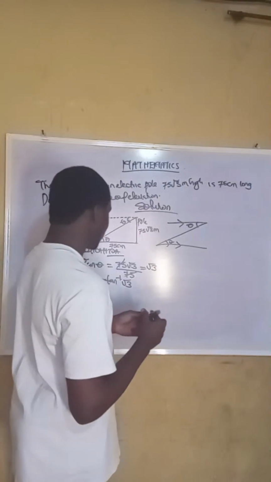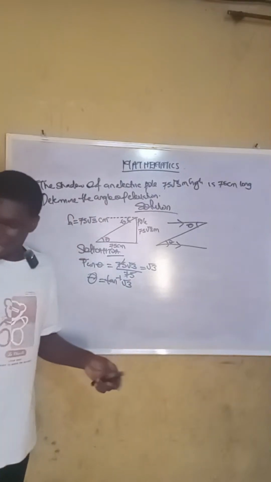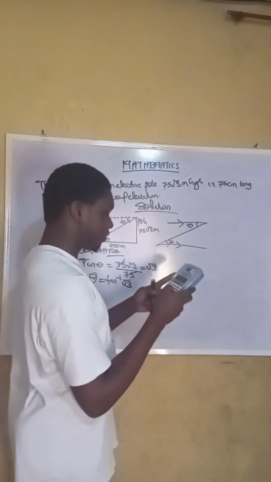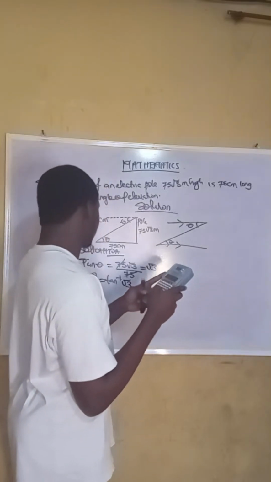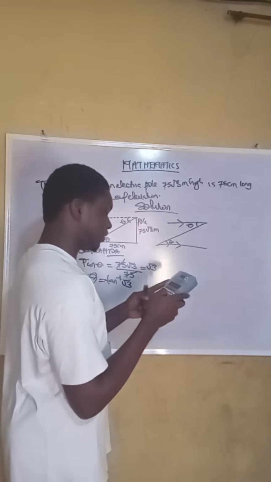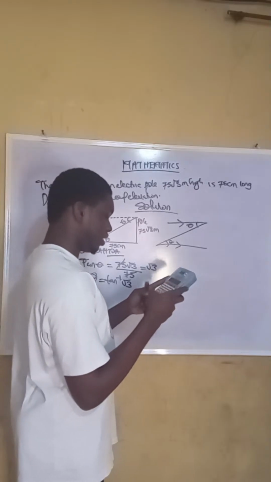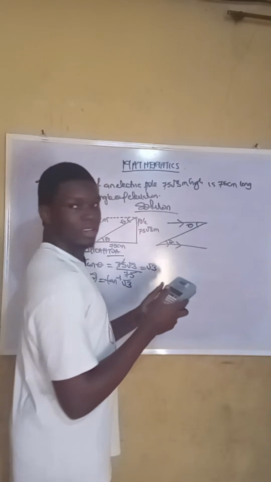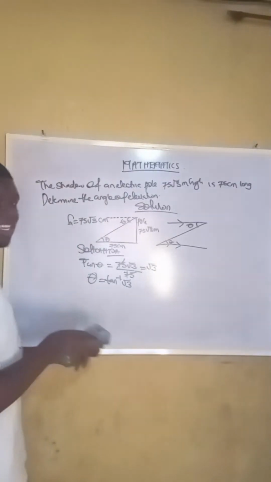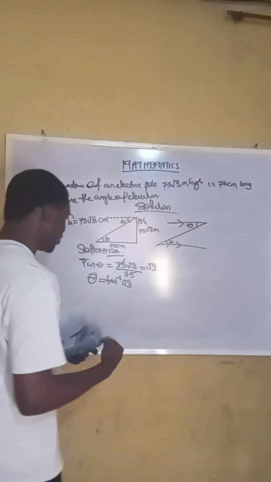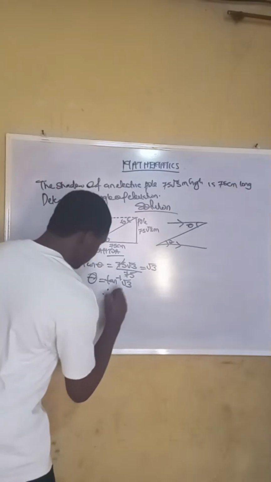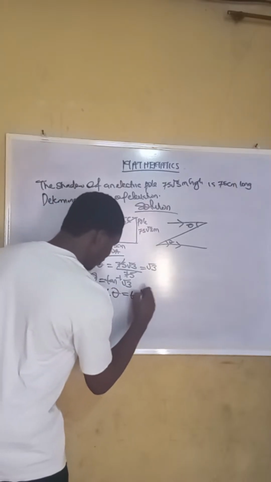Arctan root 3, let's do that on our calculators real quick. Shift and tan gives 60 degrees. Therefore, theta is equal to 60 degrees.